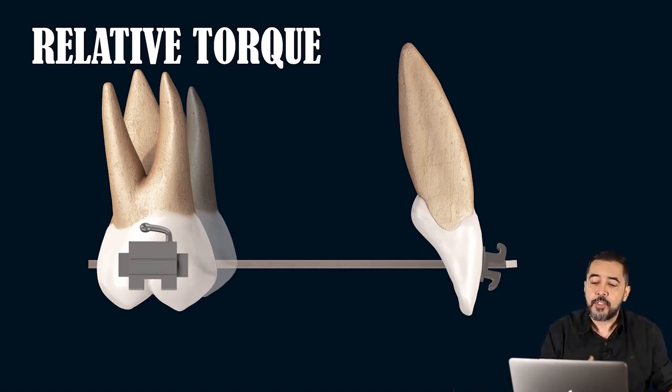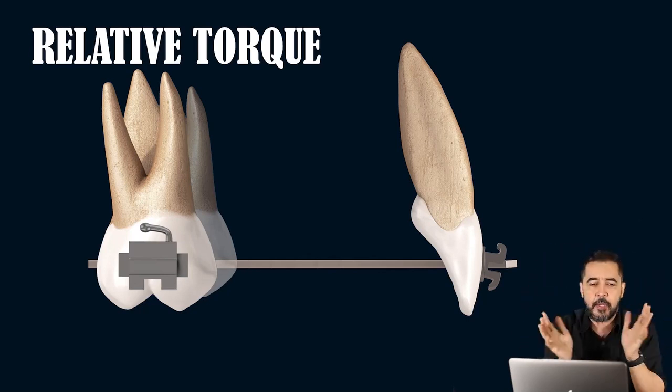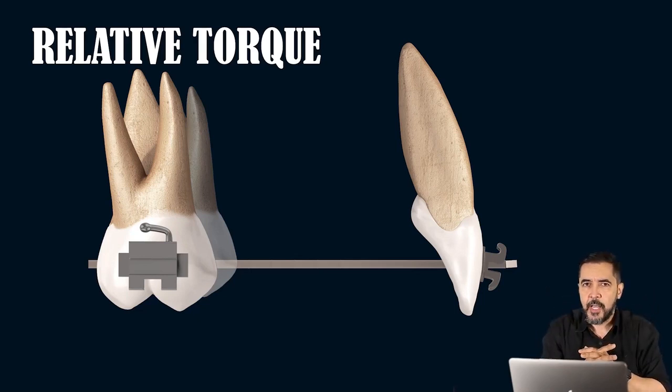Let's go on. But Kleber, you're saying to me that every time we insert a neutral torque in a specific inclination of anterior teeth, I'm going to have an active interaction? No, sometimes not.